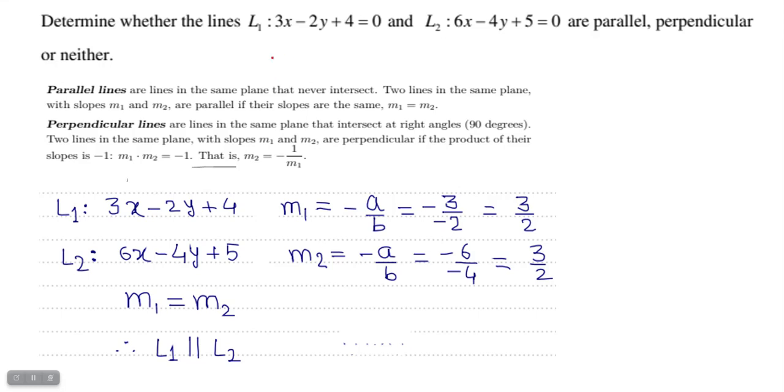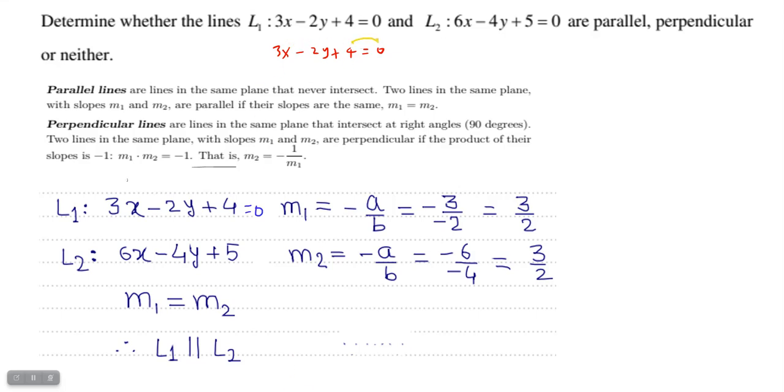So first of all, we have the equation L1, the first line, 3x minus 2y plus 4 equals 0. The first way to get the slope is from the equation 3x minus 2y plus 4 equals 0. We move these terms to the right.